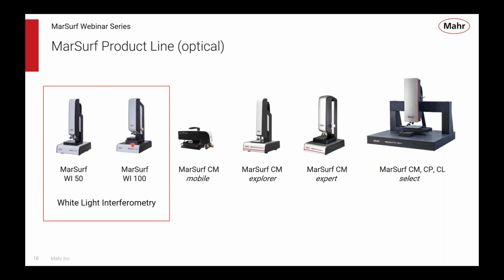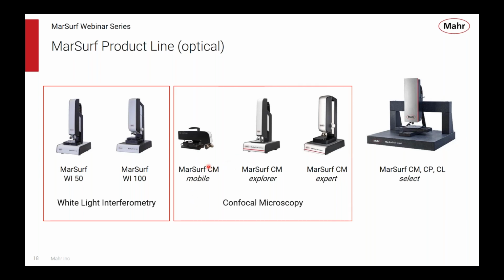It goes on to our CM series, which is the confocal microscopy series. We have something kind of unique in the mobile device, as well as the Explorer and the Expert, where you get a bigger stage and bigger Z height with the Expert than you do with the Explorer.